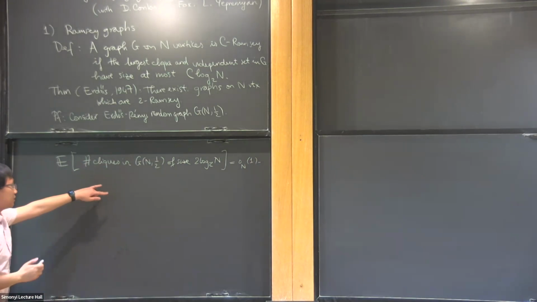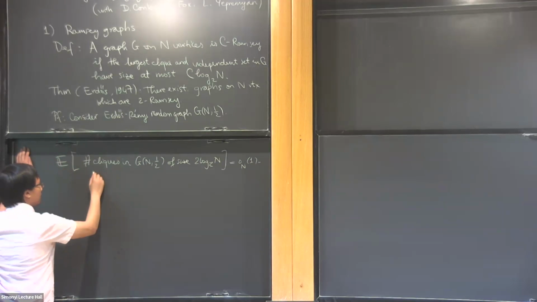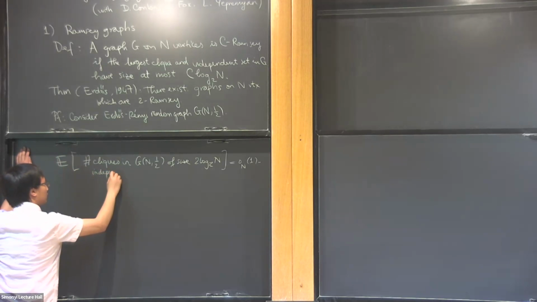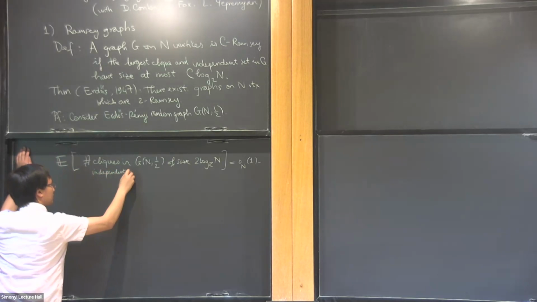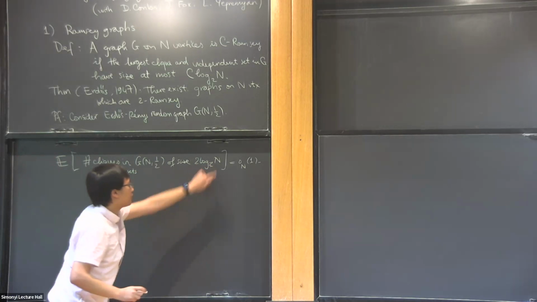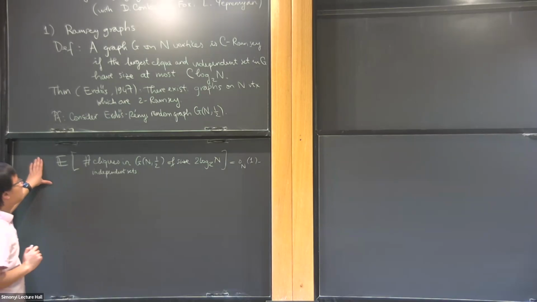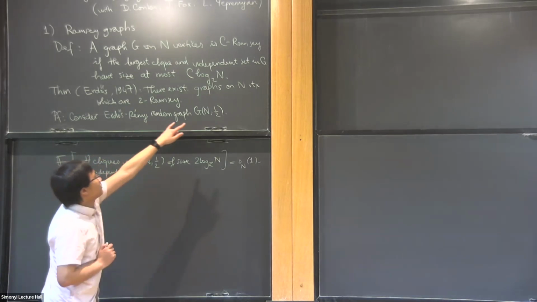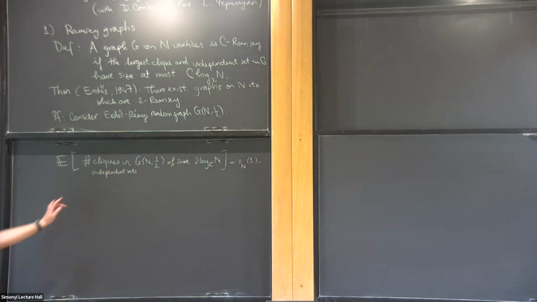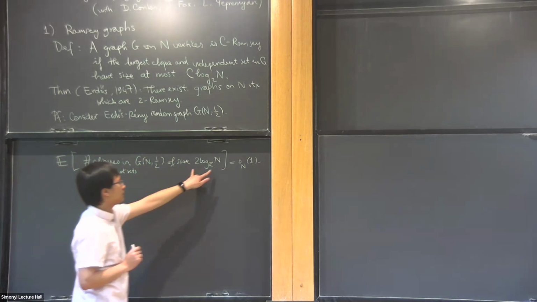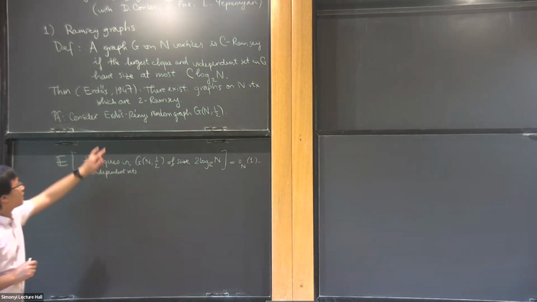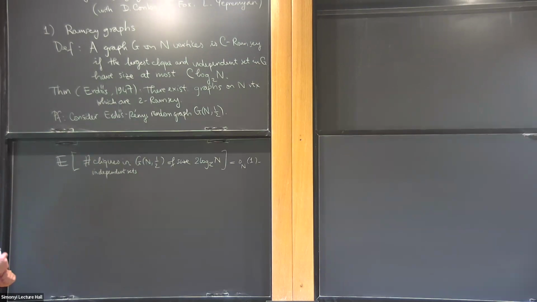And in particular, just by symmetry, the same calculation also works for the number of independent sets of size 2 times log base 2 of n. And so by combining these two, we now see that most graphs on big N vertices do not have any clique or independent set of size 2 log base 2 of n. So in fact, most graphs on big N vertices are 2 Ramsey.